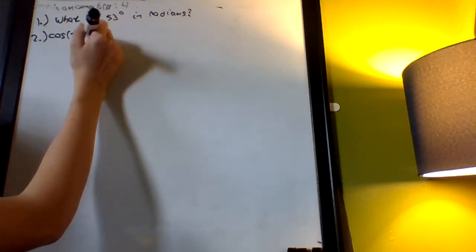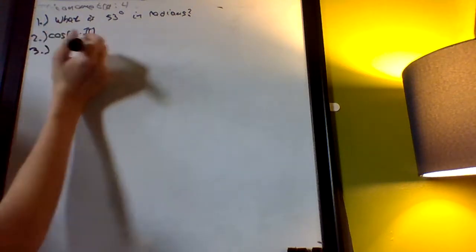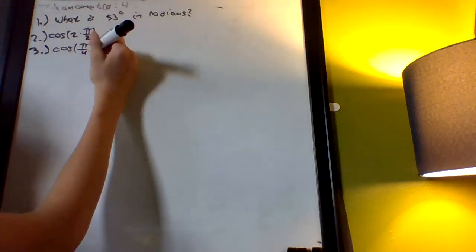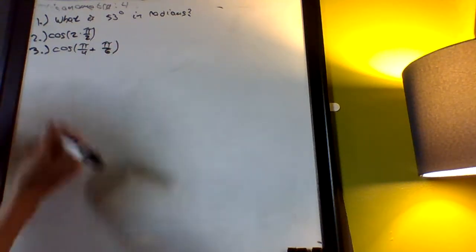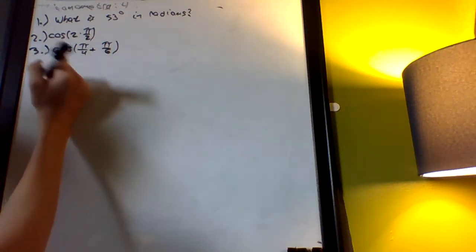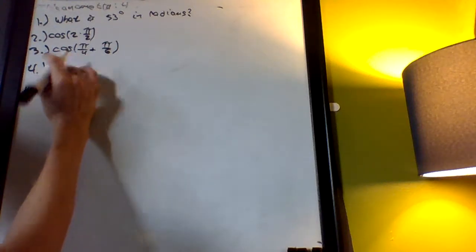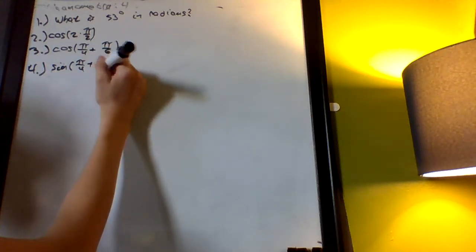You might know it, but come on, just for the sake of it. Number 3, what is the cosine of pi on 4 plus pi on 6? Number 4, it's going to be the sine of the same thing, pi on 4 plus pi on 6.